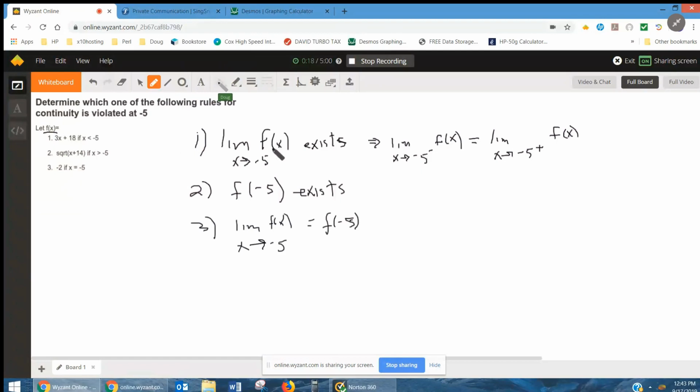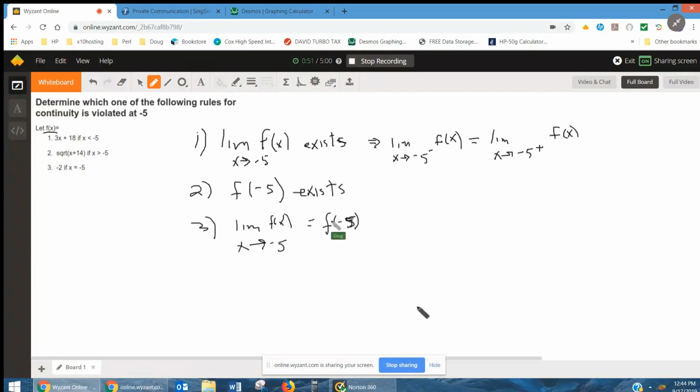First of all, the limit of the function as x approaches -5 must exist, which implies that the limit as x approaches -5 from the left must equal the limit as x approaches -5 from the right. Also, f of -5 must exist. And finally, the limit as x approaches -5 of f of x must equal f of -5.